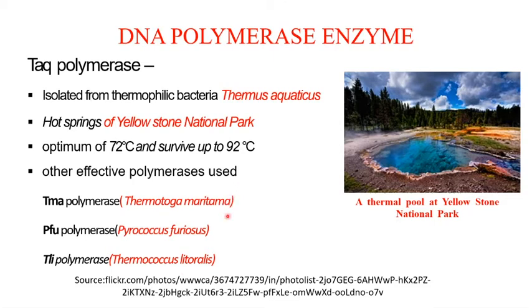All these enzymes possess 3' to 5' exonuclease activity and they cut the mismatched nucleotides during the amplification process. Nowadays, recombinant forms of polymerases produced by rDNA technology are also used in the PCR technique.